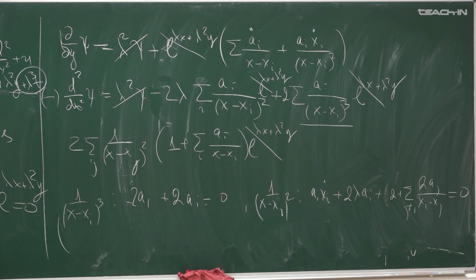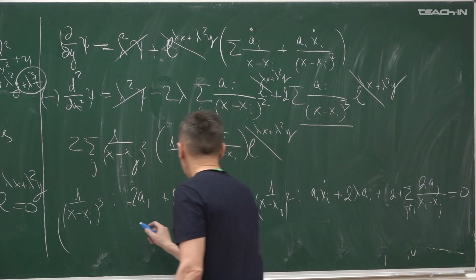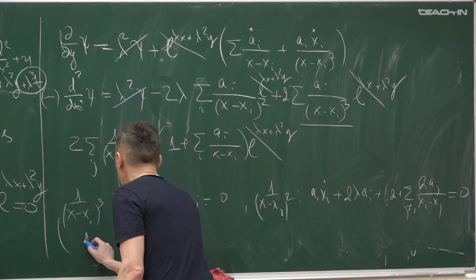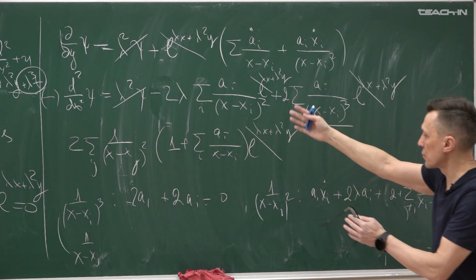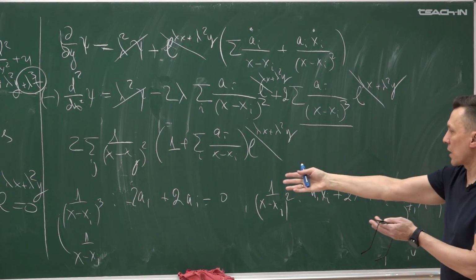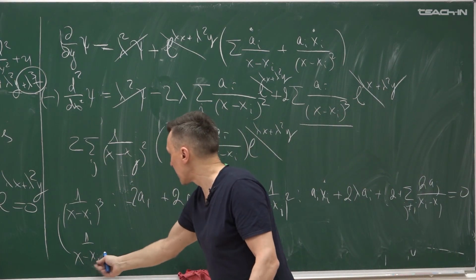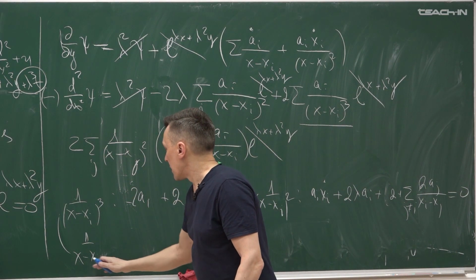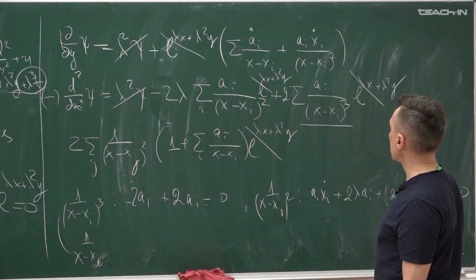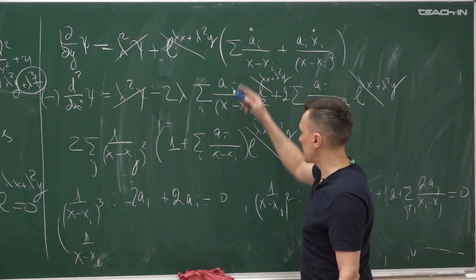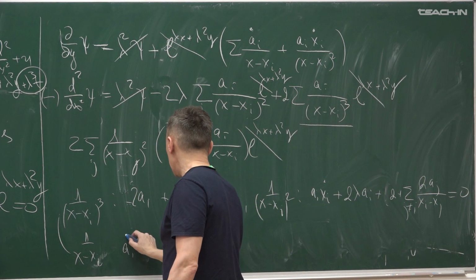Okay. And we have a coefficient of order 1 over x minus xi. So in this expansion, at the point xi, we have some coefficient at 1 over x minus xi. We have a coefficient here, this ai dot.